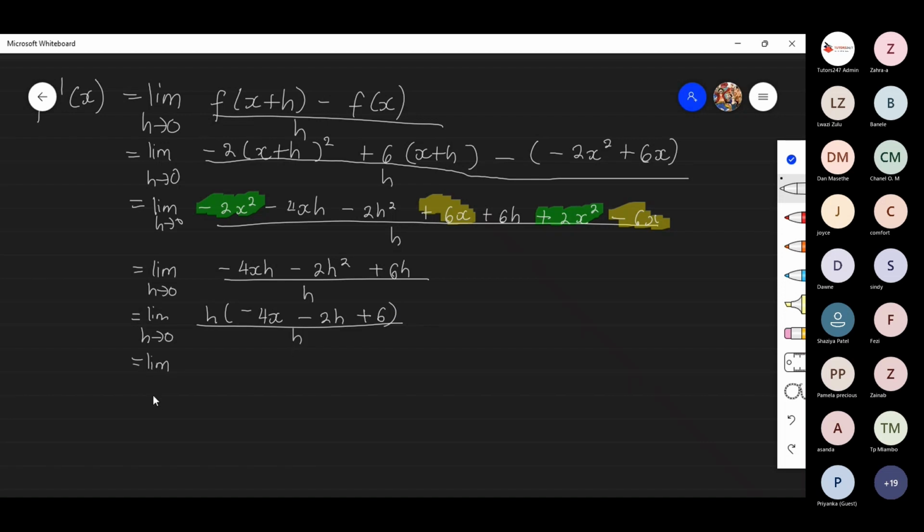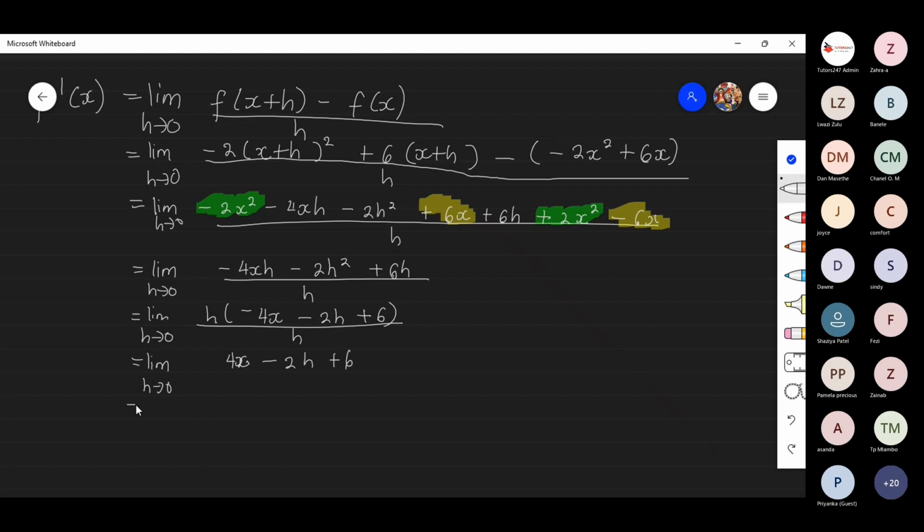That then becomes the limit as h approaches 0 of negative 4x minus 2h plus 6. Okay, the reason we don't have a denominator anymore is because our top h cancelled out our bottom h.